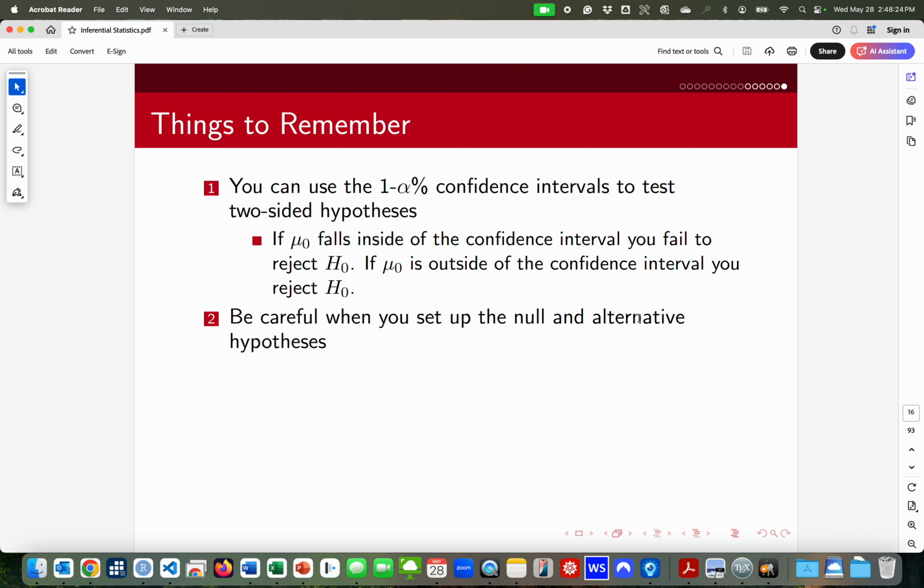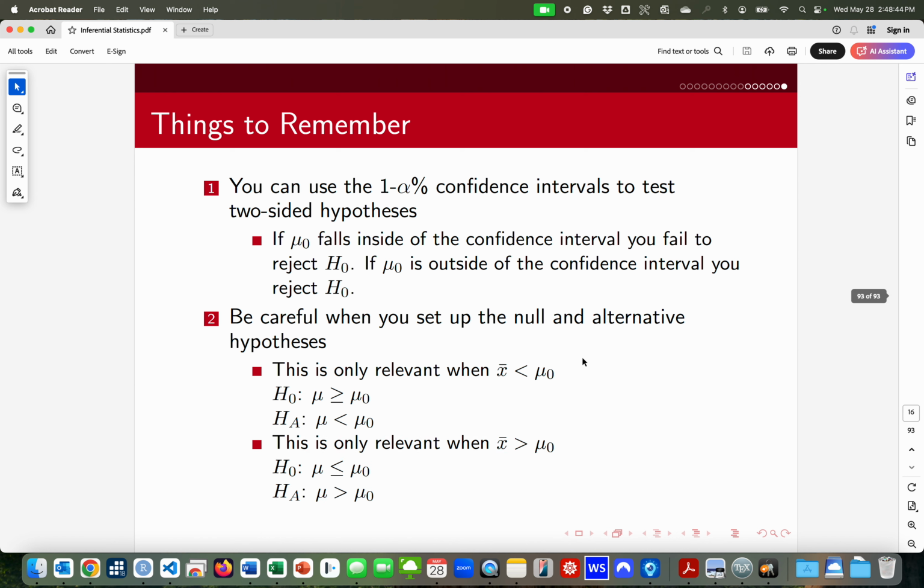When you set up the null and alternative, just make sure you set it up correctly. Make sure you label the rejection region correctly, because this null hypothesis is only relevant when what we observe is less than what they claim to be true. If the sample mean is consistent with a null, you automatically fail to reject.